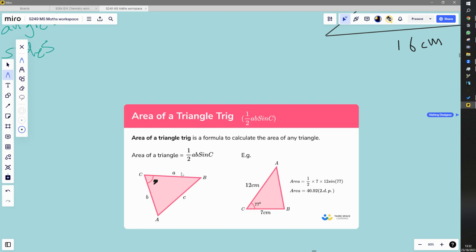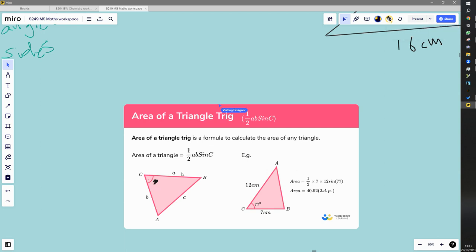But if we don't know, in this case, let's say a new side C, I would need to know the perpendicular distance from here to here. If I don't know that, that would be the equivalent of the height. If I didn't know that, then I can't use half base times height.